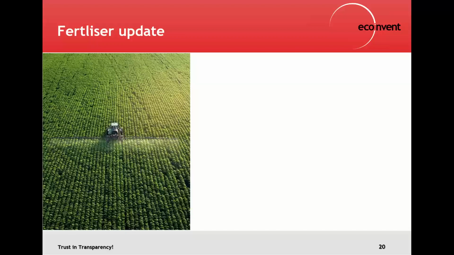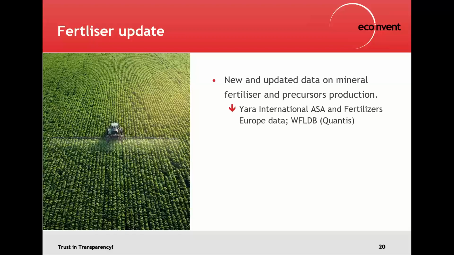The fertilizer sector as well. Those are chemical substances that can affect, in some cases, the chemical sector, because they are precursors for other chemicals or other products. And of course, fertilizers also go to crop production. So they have quite a large impact.